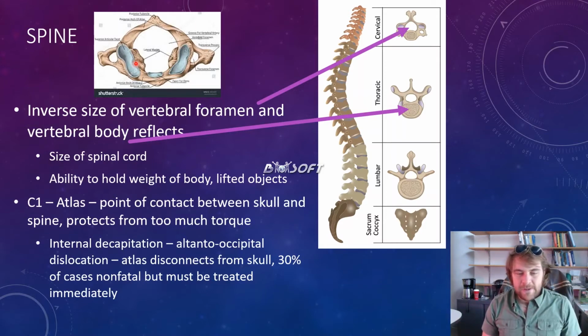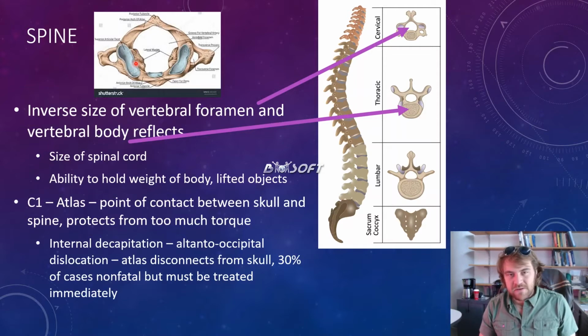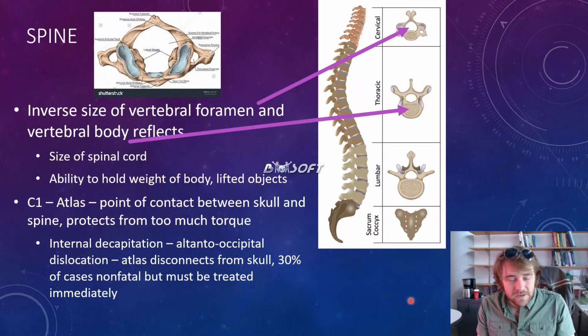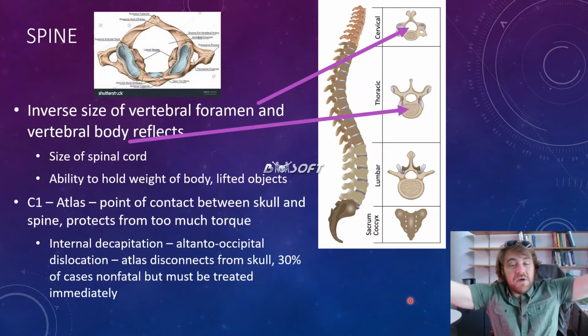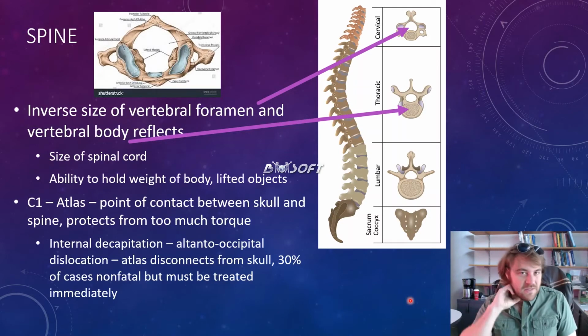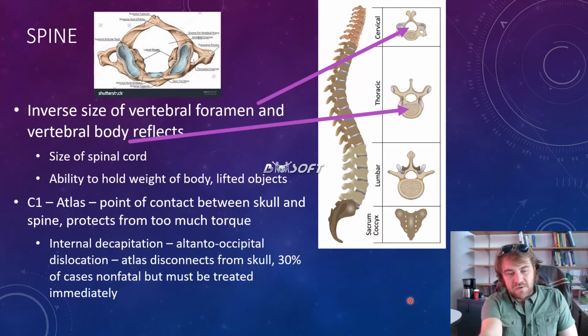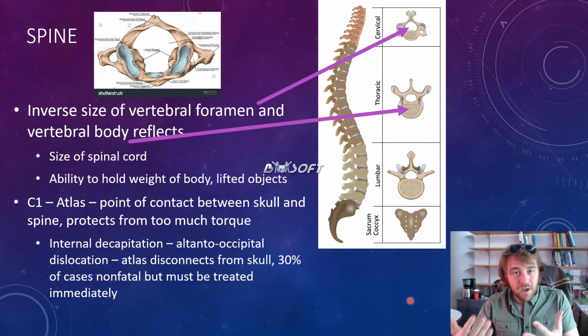One thing that you see a lot of in car accidents and stuff like that is something called internal decapitation. If you watch Grey's Anatomy, I think one of the early seasons has somebody that ends up getting internally decapitated. It's not external decapitation, like the head doesn't come off. It's internal decapitation because the skull is no longer connected to the rest of the body. The C1, it says atlanto-occipital dislocation. That's the proper name for internal decapitation.